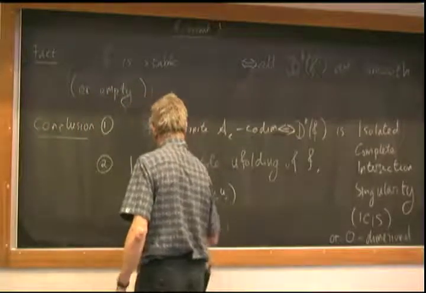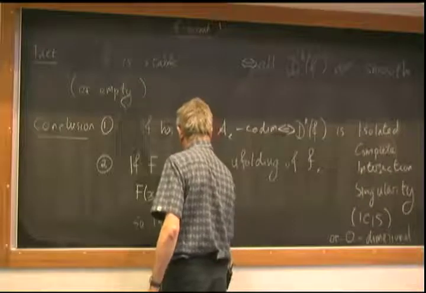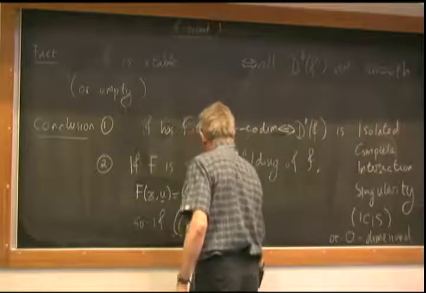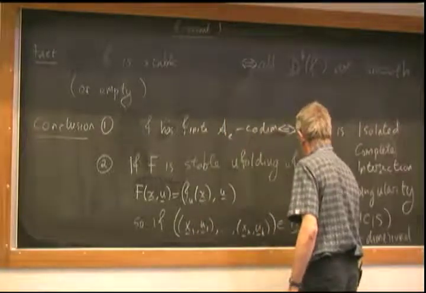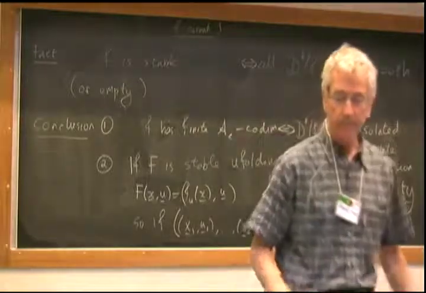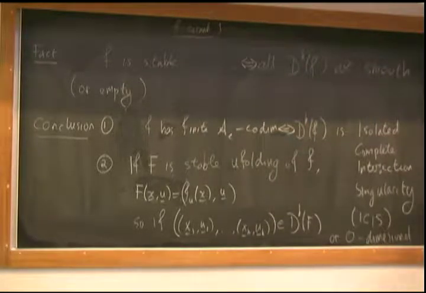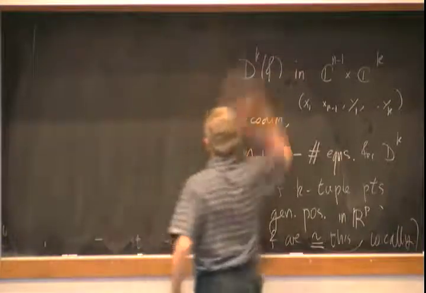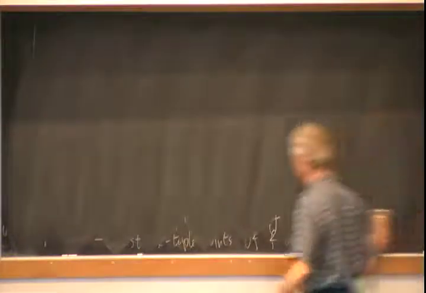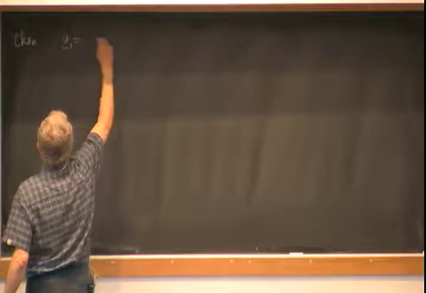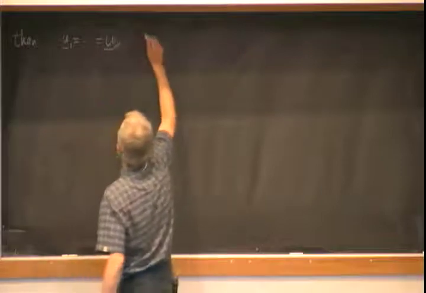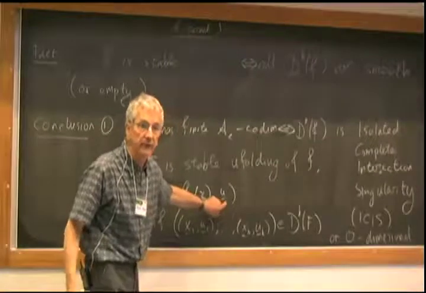So, if (x1,u1) up to (xk,uk) is a k-tuple point in D^k of big F, then u1 equals uk, because of the way the parameter is retained, in the fact that this is an unfolding.